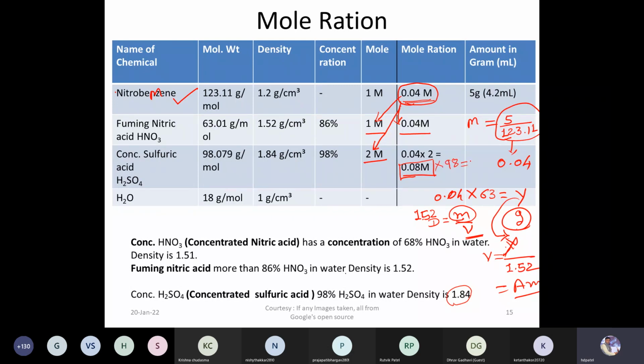So you will get Z gram. Now Z gram you have to convert into ml. So D equal to m by V. Again, D is 1.84 equal to m, meaning your Z gram, and V we have to find out. By this way we can find out the volume of sulfuric acid.